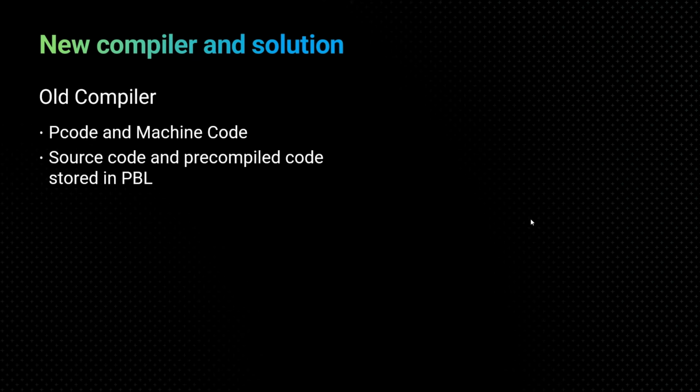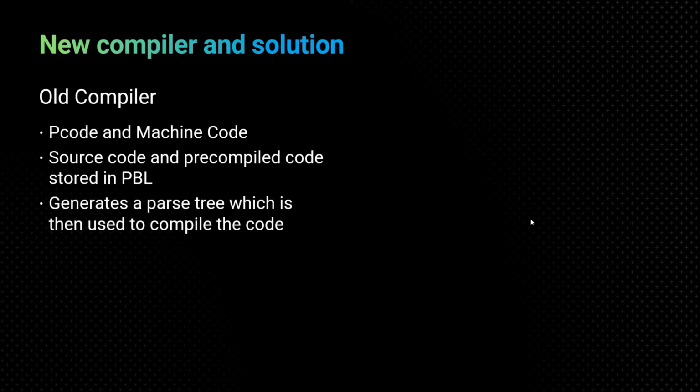So there's no long compilation step when you hit run like there is with some other tools. Now, I believe this is the case, I'm 95% confident, what it generates is a parse tree, which at the time PowerBuilder came out was typically how compilers worked. And then it uses that to compile the code.